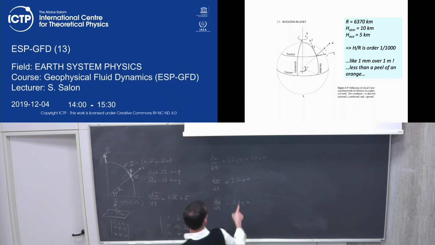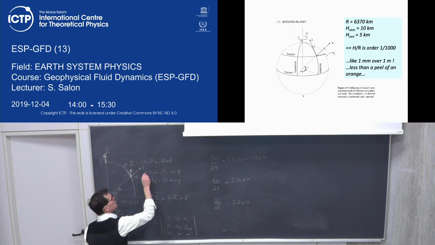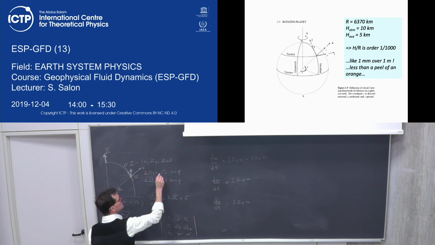So omega y, omega z are this one. So we can put a factor 2 here.